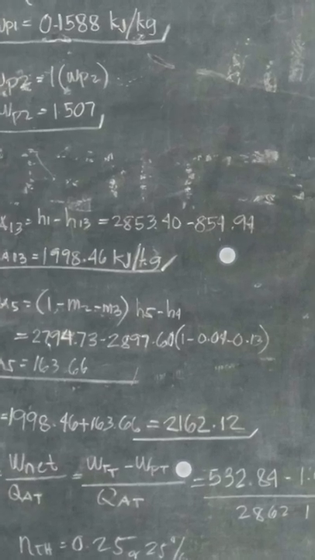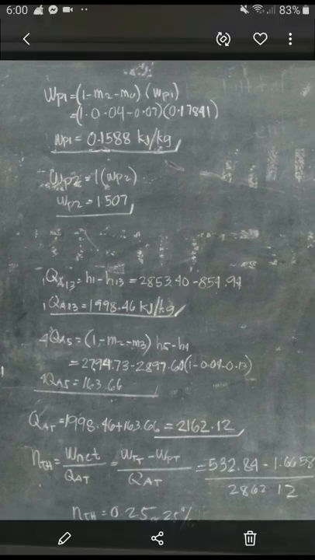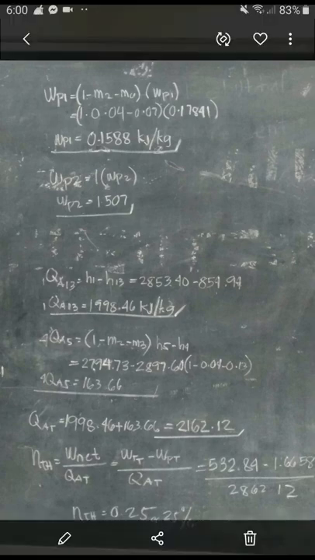So substitute also all the givens. So we have the answer of 163.66. Then add this to get heat total. So substitute all this heat 13, heat 5. So we have the answer of 2162.12.